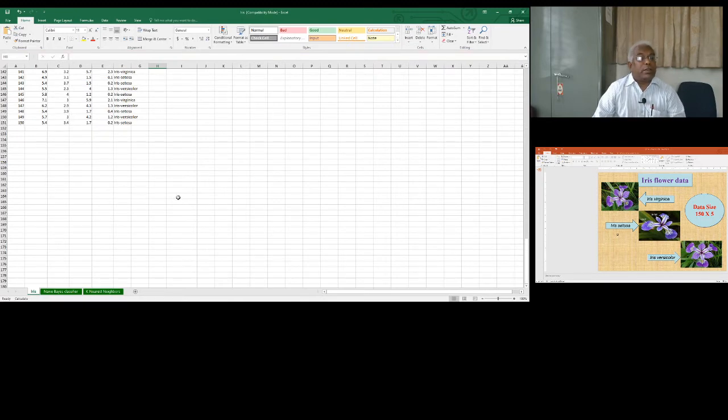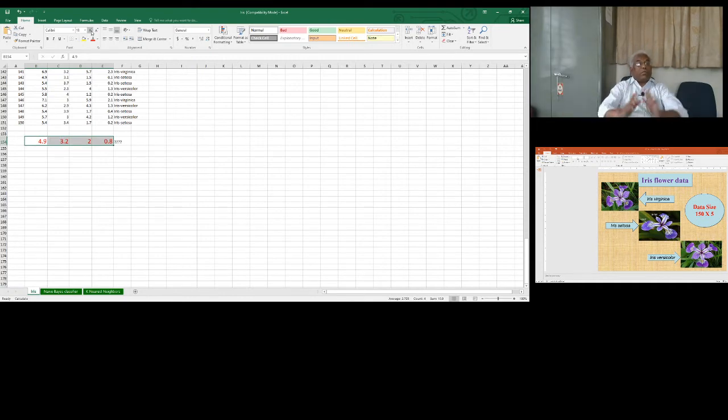And now my question is, if I have another flower, say for example, sepal length 4.9, sepal width 3.2, petal length 2.0, and petal width 0.8, I want to answer what is the possible species of this flower.